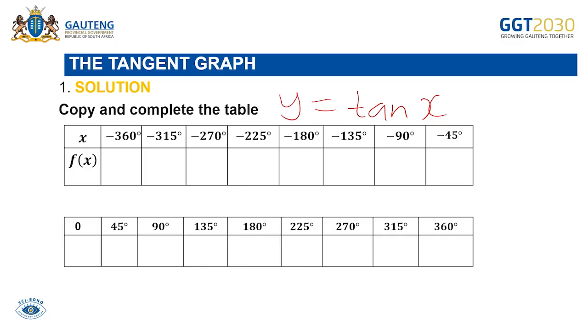Then where do you want to start drawing your graph? That's your domain. -360 equals. Then the step, check your x values. Our step is 45. So you enter 45 and then say equals.